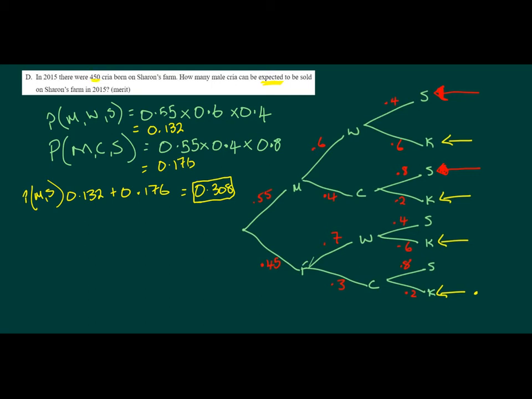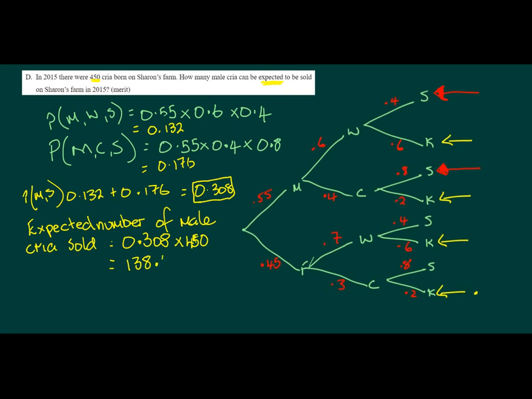So to find the expected number of male cria sold, it is equal to 0.308 times 450, and that comes out at 138.6.